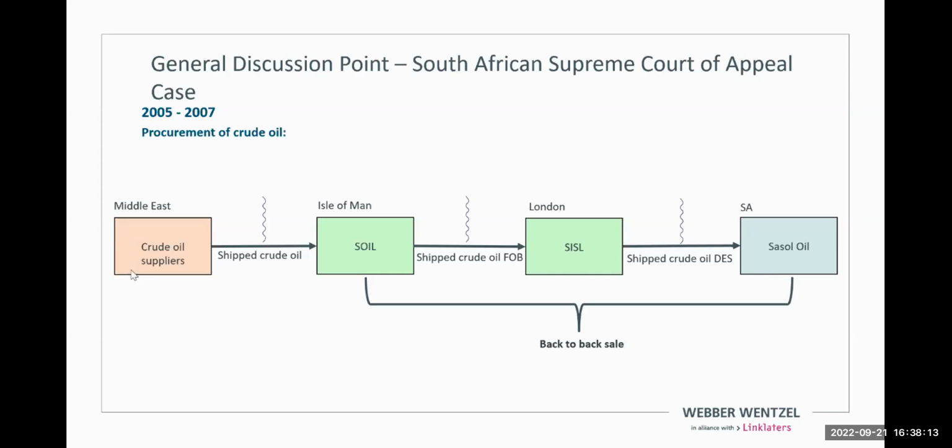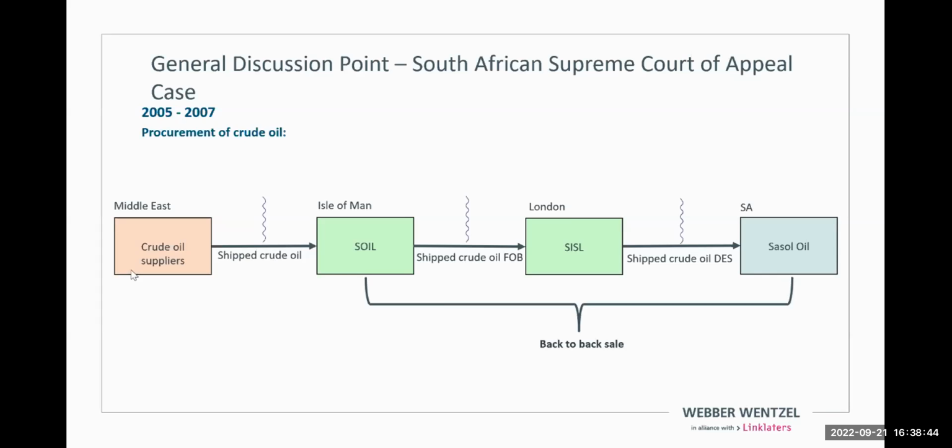So if the legal substance was a sale between South Africa and the Middle East, I think what they said is that the price at which Sasol Oil acquired the crude oil was excessive, so that the price it was charged by its own subsidiaries does not reflect the legal substance of what those subsidiaries do.